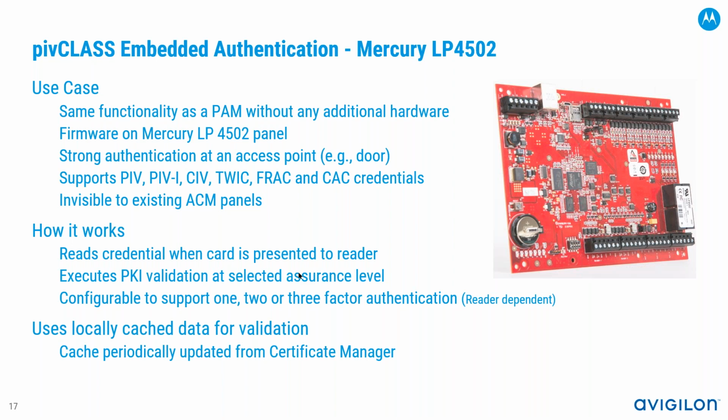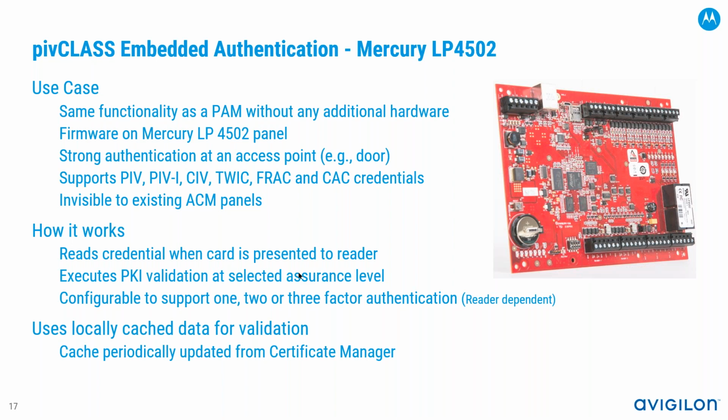If you need more readers, you need more boards, more LP4502s. Same process. With this board, you need to purchase the license for the reader services, and then depending on what kind of reader and credential, you will authenticate those credentials and so on, okay?